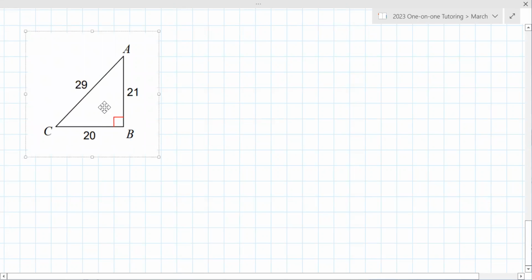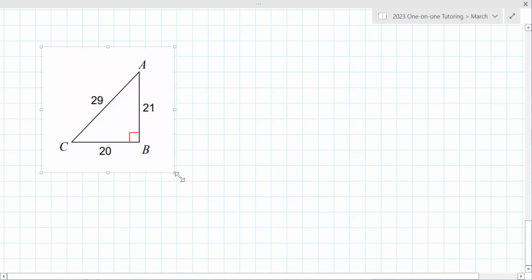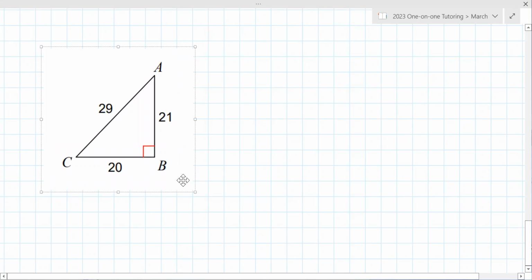All right, so here's a new triangle. Notice that all 3 sides have already been solved for. So we're going to do some quick practice here. I want you to tell me the sine of C. You have to visualize you are right here at C, and you want to know what is opposite and what is the hypotenuse.